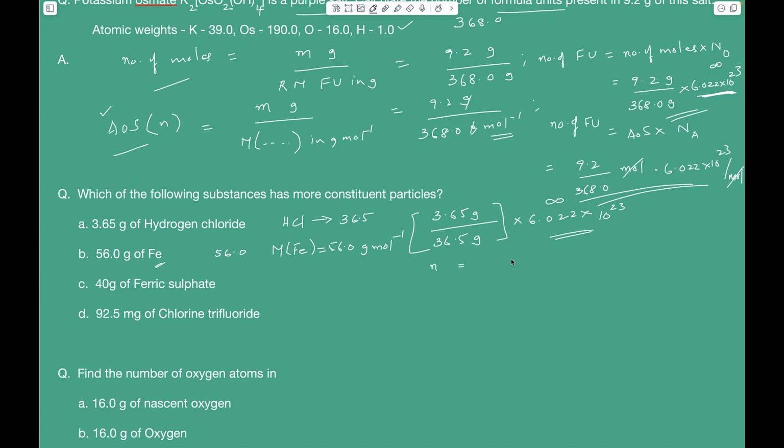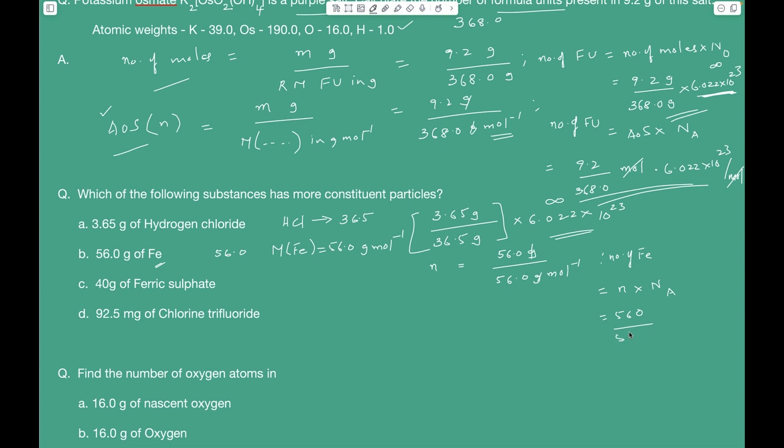Then how do you get amount of substance of iron? You have to divide the given mass, that is 56.0 grams, with its molar mass, that is 56.0 gram per mole. And to get the number of iron atoms, you have to multiply the amount of substance with Avogadro's constant. So it would be 56.0, cancel these two, take mole inverse into the numerator.